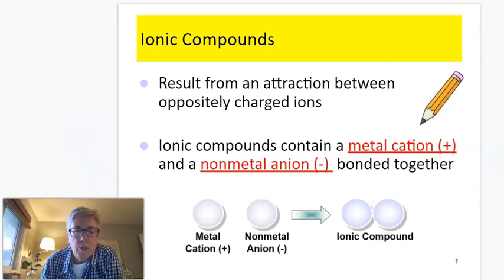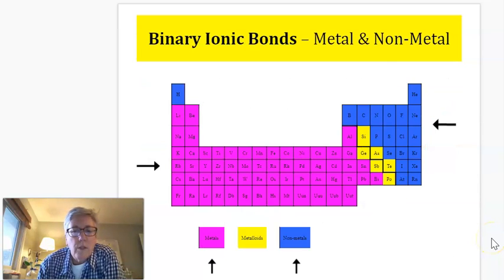This is just a little picture down here. The metal cation is a positive charge, a nonmetal anion is a negative charge, and when they join together, we get an ionic compound. You also may need to be reminded, let's look at our periodic tables for a second, of where the metals are and where the nonmetals are.